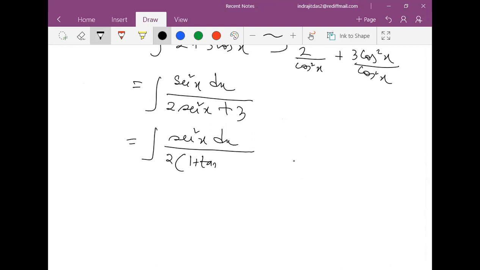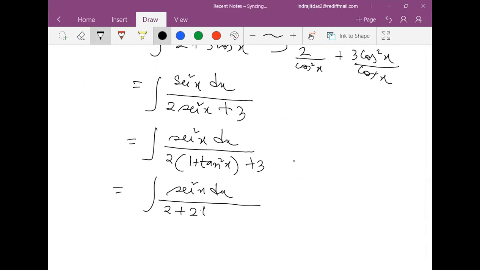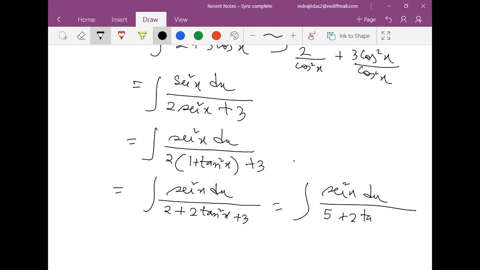In all these types of problem, your technique will be the same. Opening the bracket, it will be sec square x dx by 2 plus 2 tan square x plus 3. Then you write this as sec square x dx by 5 plus 2 tan square x.